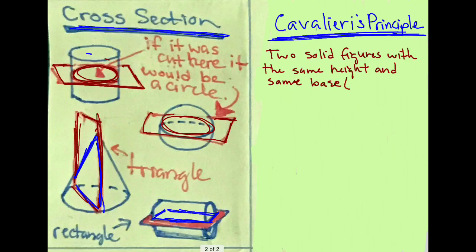Sometimes they refer to the base as the cross section because the cross section shape will be the same as the other cross section shape, which will be the same shape as the base. Maybe just a different size depending on if it's a cone or not, but same base or cross section. Then their volumes are the same.